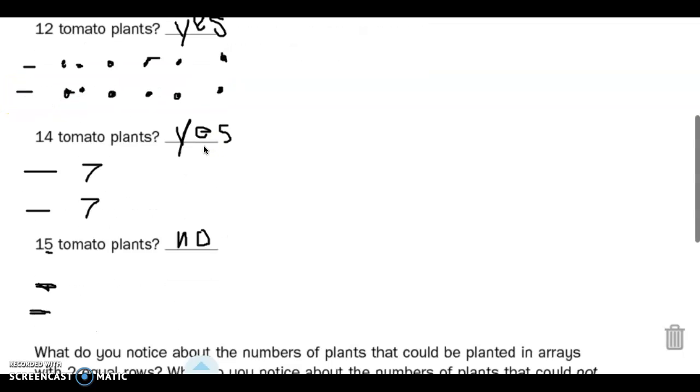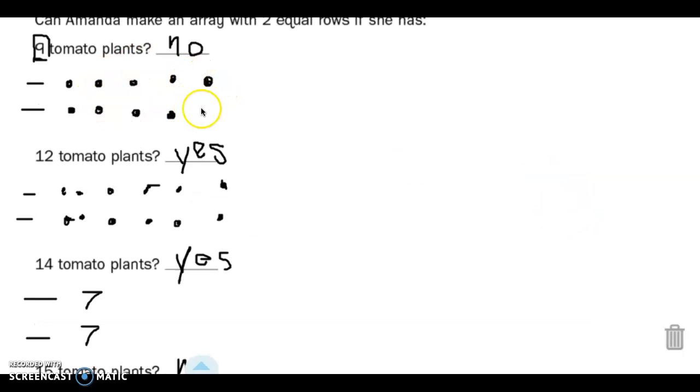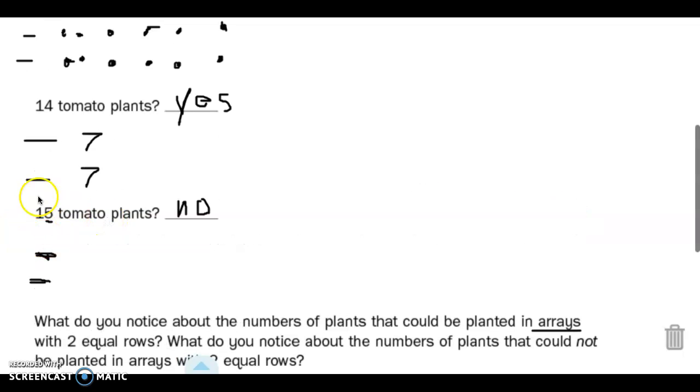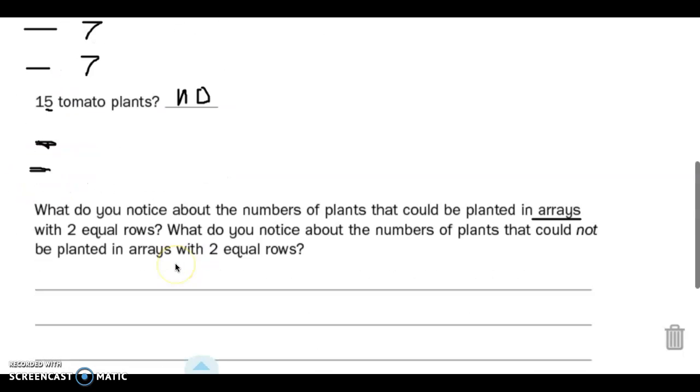No, you cannot. So what do you notice about the number of plants that could be planted in arrays? We did some beautiful arrays, right? There's dots and organized rows. What do you notice about the numbers of plants that could be planted in arrays with 2 equal rows? What did you notice about 15 or 14 or 12 or 9?